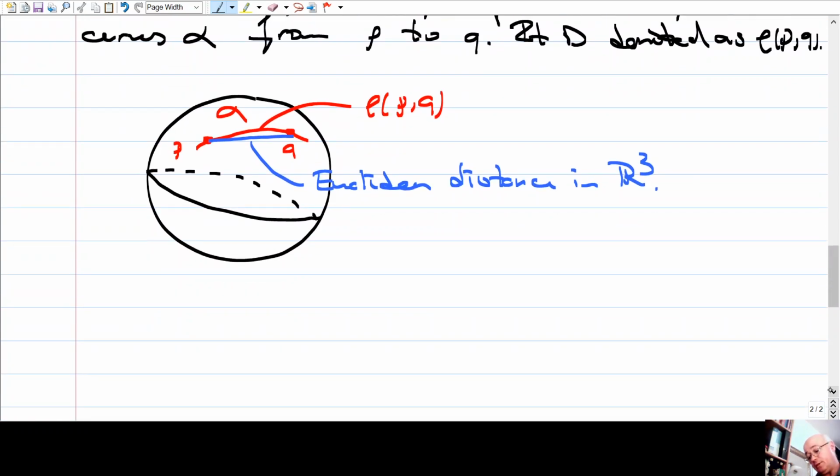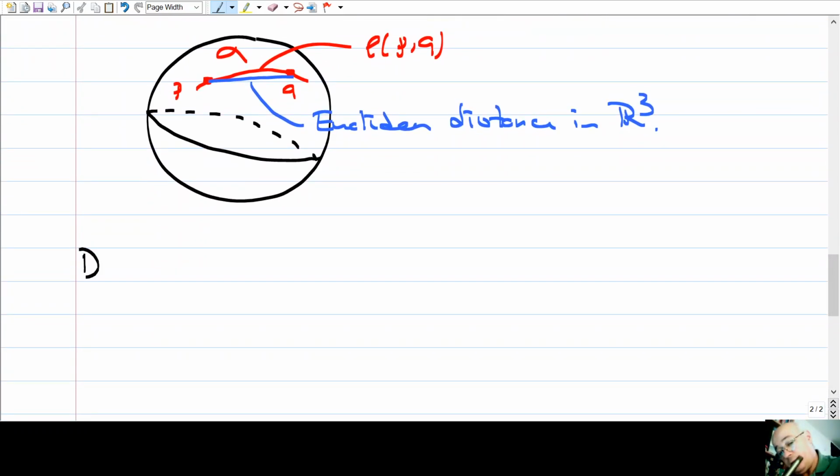Well, let's see what an isometry is. Definition.